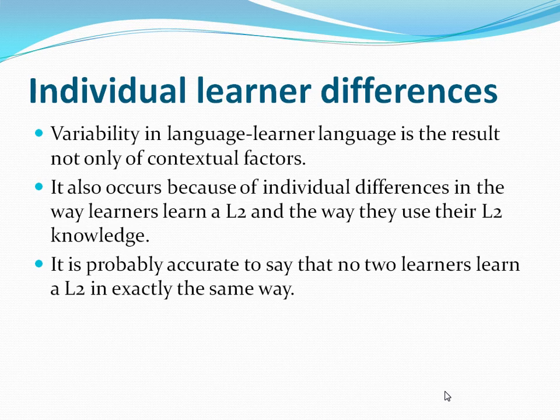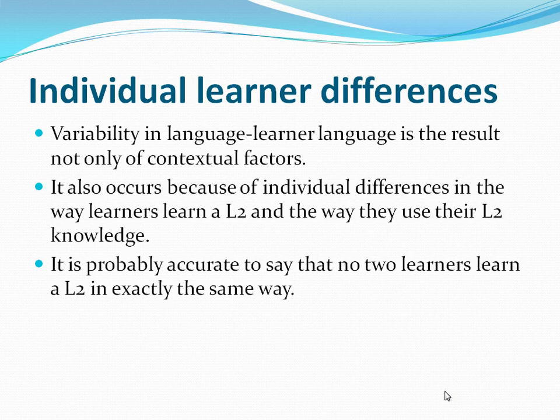So contextual difference, they learn a second language in a different way, and also their knowledge of the individual learners, how they are using their knowledge of learning language. It would be different from your brother. If your brother or sister would be sitting in the same class, your learning style is different from your brother or your sister.